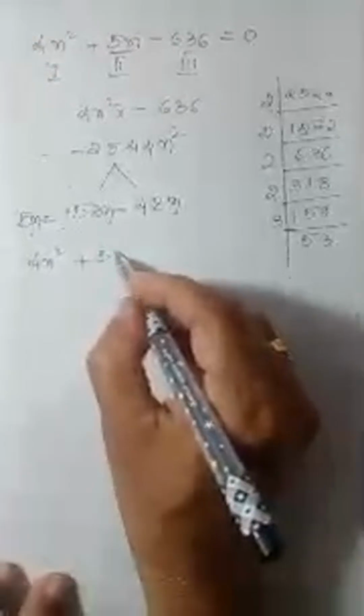Here write that 4n square plus 5n, this 5n can be what? 53n minus 48n minus 636 is equal to what? 0. Here I want to split. Here no common number, so n is the only common.